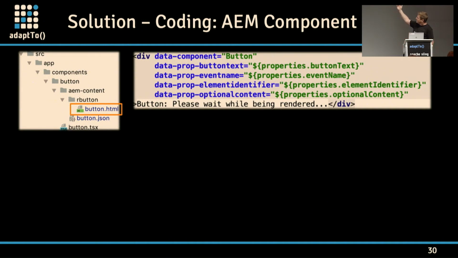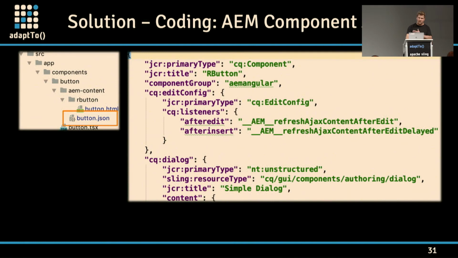In there, we have the same component again, with your HTML code and also the JSON code. In the JSON code, you can see there's the hook where we hook in to see whenever this component is going to be edited. So with the after edit event, we can go in there. With the before delete, you can go in there as well to destroy the component.